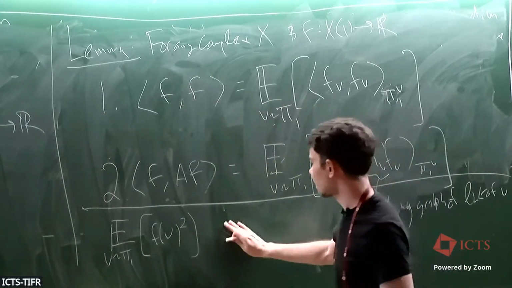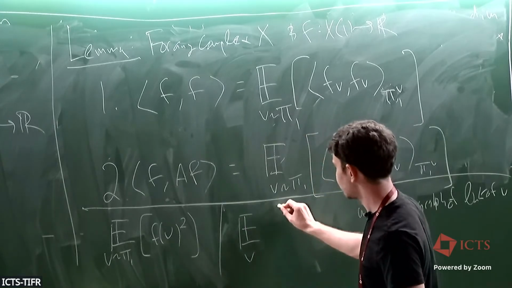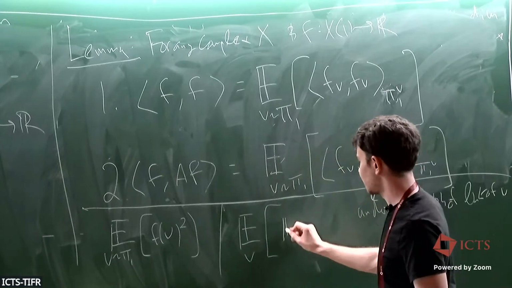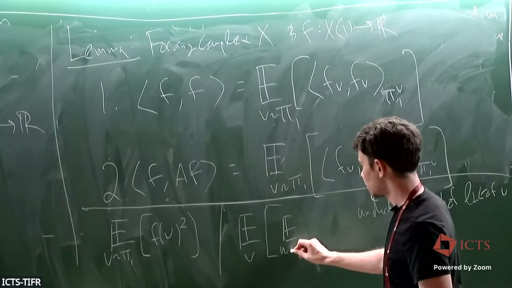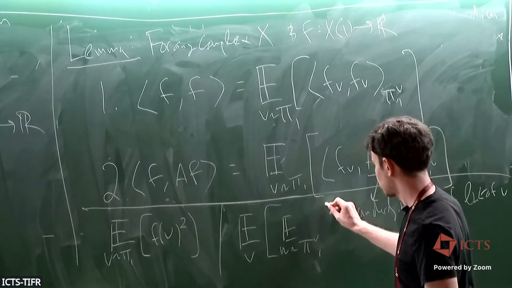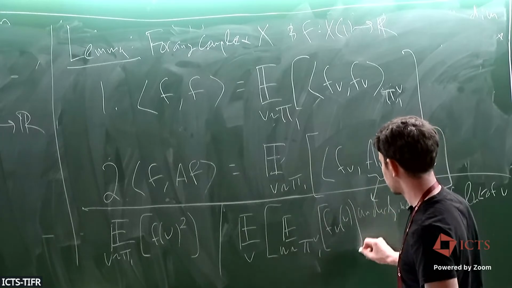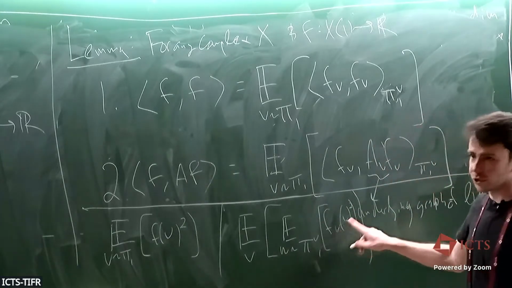This inner product is the expectation over v, and then the expectation over w drawn from the conditional distribution on v of f_v of w squared, but f_v of w is just f of w.